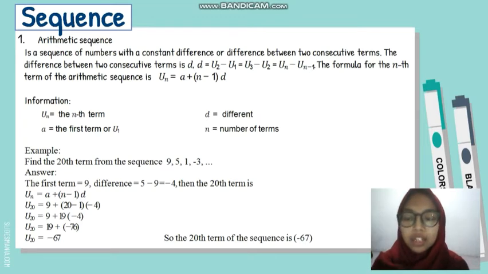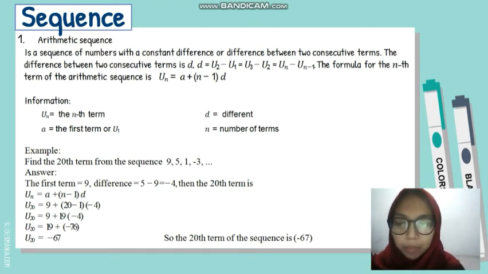Example: find the 20th term from the sequence 9, 5, 1, minus 3. The answer: the first term equals 9, difference equals 5 minus 9 equals minus 4. Then the 20th term is u sub n equals a plus n minus 1 multiplied by d. u sub 20 equals 9 plus 20 minus 1 times minus 4.